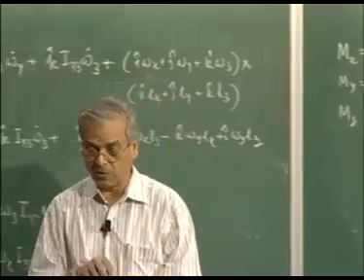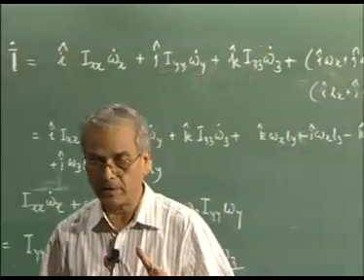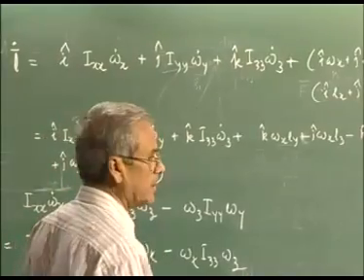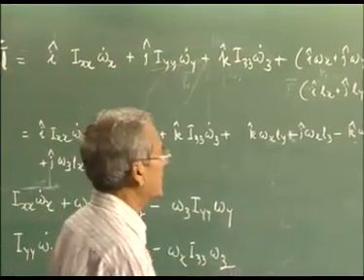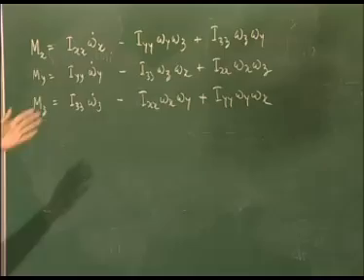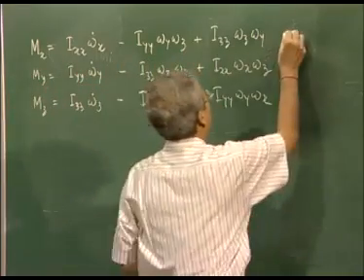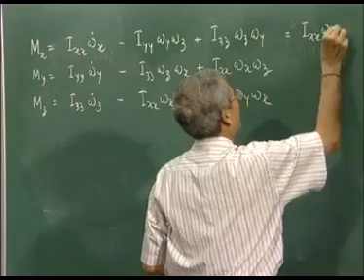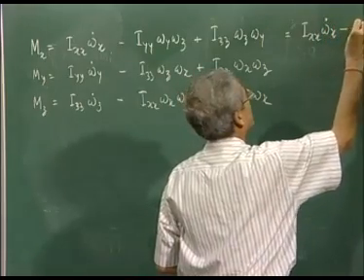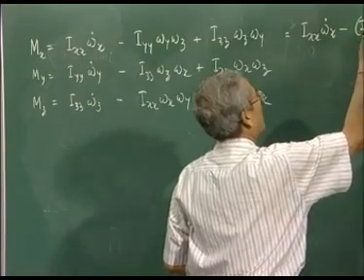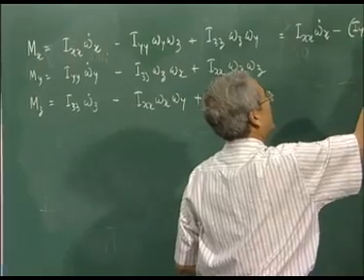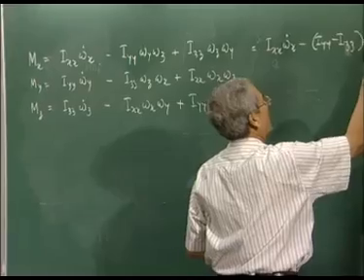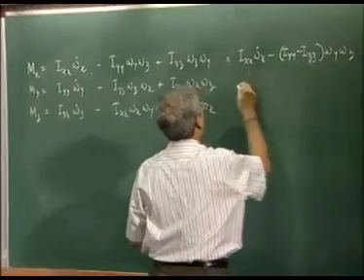And for the situation where the small xyz system is rigidly attached to the body, that means its angular velocity and the body's angular velocities are the same, then obviously this can be taken common. Minus Iyy Izz omega y omega z.